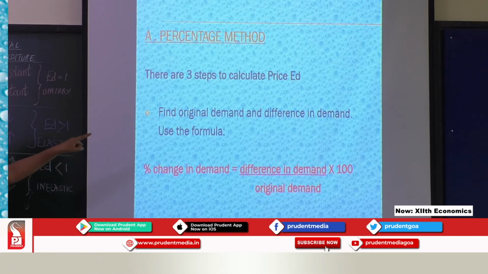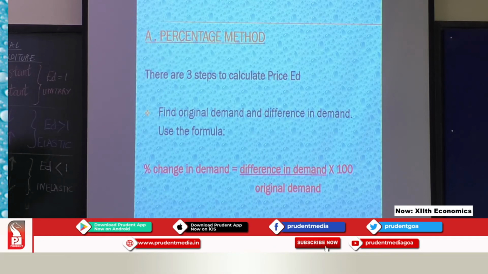If you take the subtraction between the two, you will get the difference. If I am able to find the original demand and the difference in demand, I have to use this formula: percentage change in demand is equal to difference in demand divided by original demand multiplied by 100.